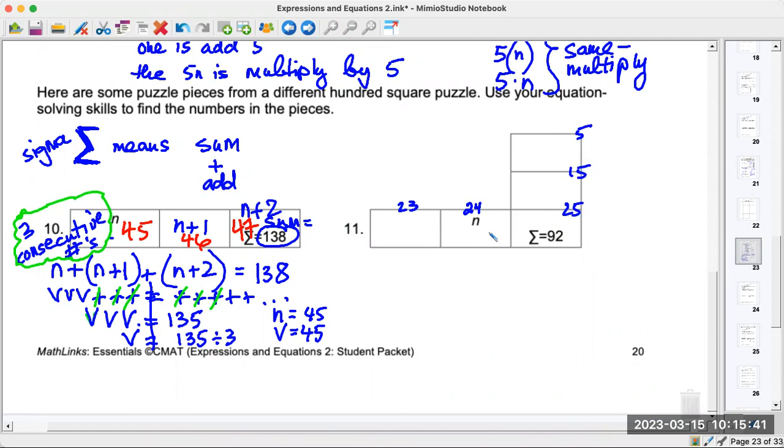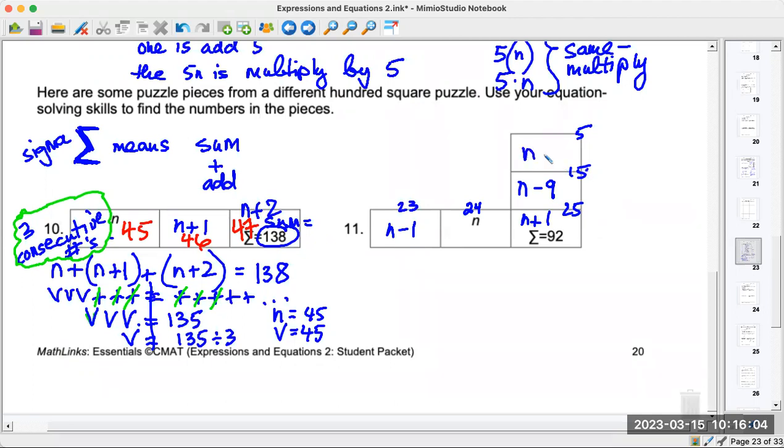Now let's write expressions. So if this is n minus 1, am I right? Because we're subtracting 1 from 24. This is n plus 1 because we're adding 1 to 24. This over here is n minus 9 because 24 minus 9 is 15, correct?